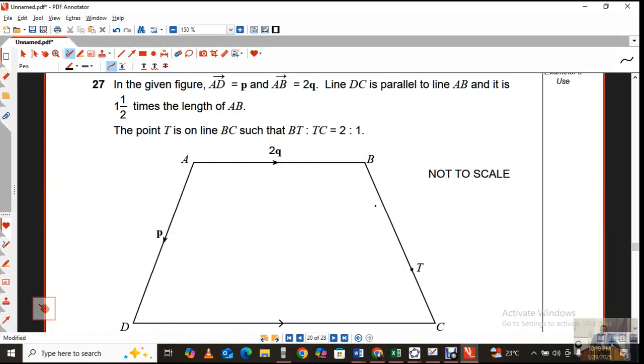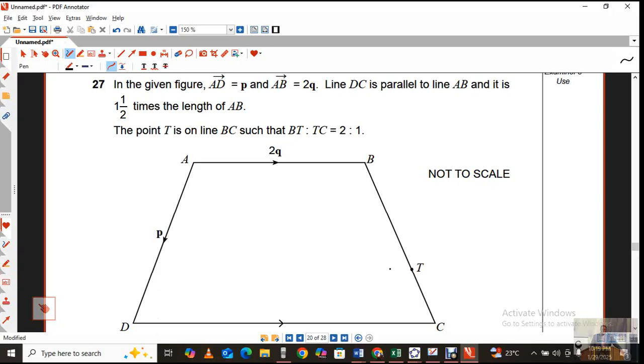Now let's come to question 27. It is given that in the figure, AD is equal to P, as you can see. AB is equal to 2Q, as you can see. Line DC, this whole line here, is parallel to line AB.